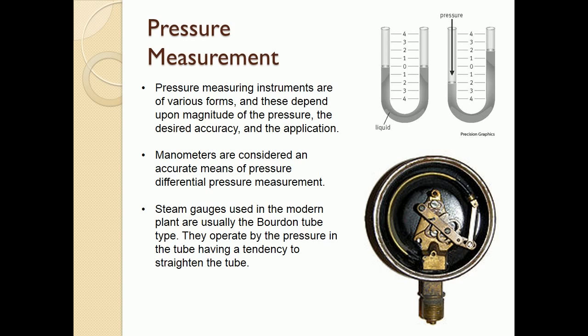Manometers are considered an accurate means for differential pressure measurement such as condenser pressure. Steam gauges used in the modern plant are usually the Bourdon tube type. They operate by the pressure in the tube having a tendency to straighten the tube.